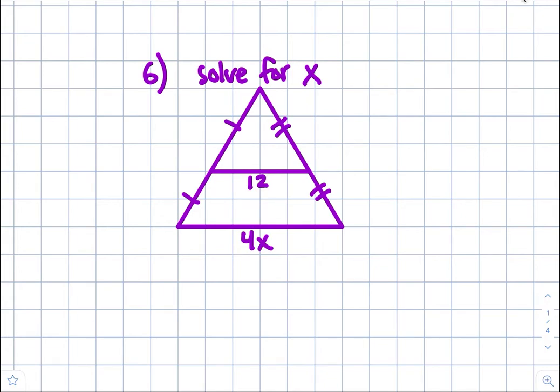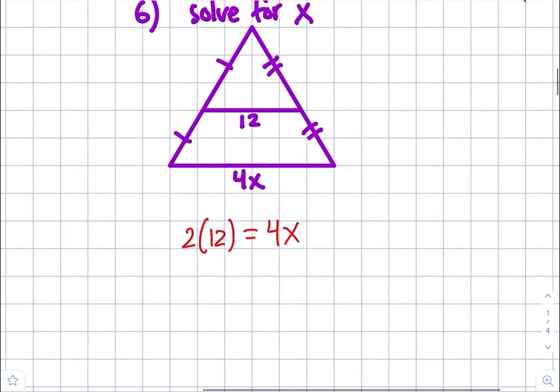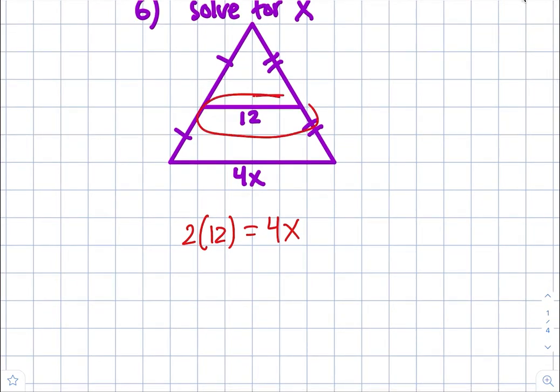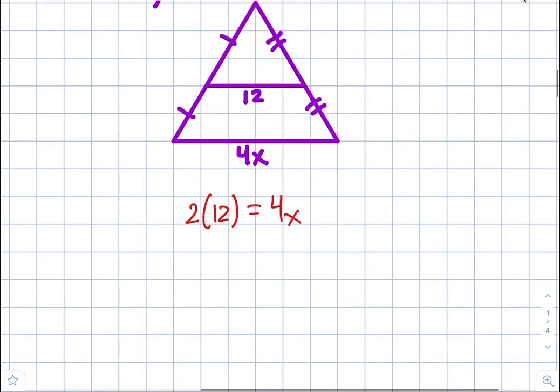So pretty much 2 times 12 is equal to 4x. Because remember, you either double this and it'll give you guys this length, or you guys half this to get that length. So 24 would have equaled 4x, divide both by 4, and x would have equaled 6.